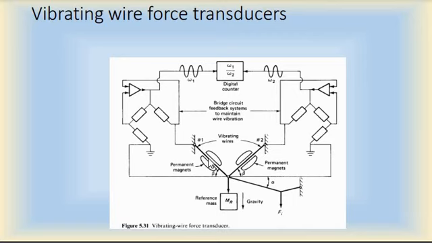So here two things are happening. We are keeping this wire vibrating continuously by the bridge circuit and amplifier. The wires act as a velocity to voltage transducer.